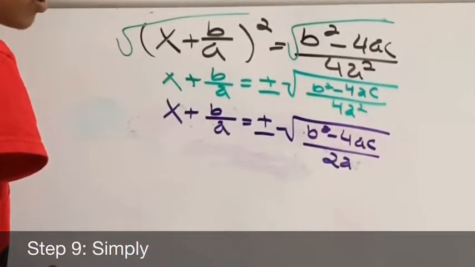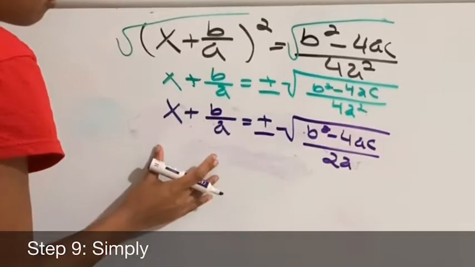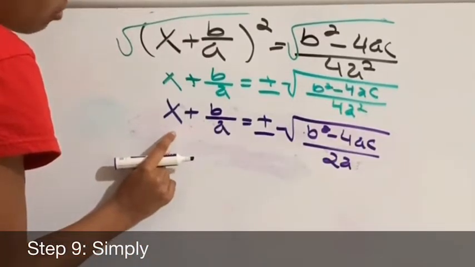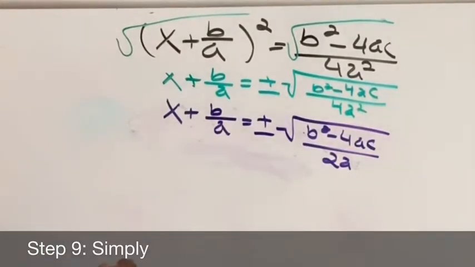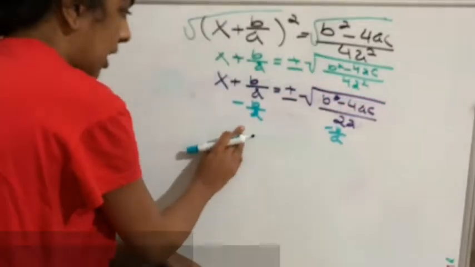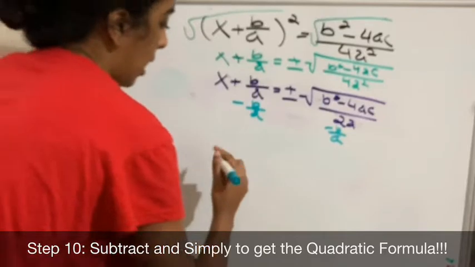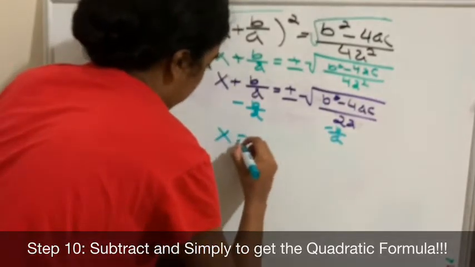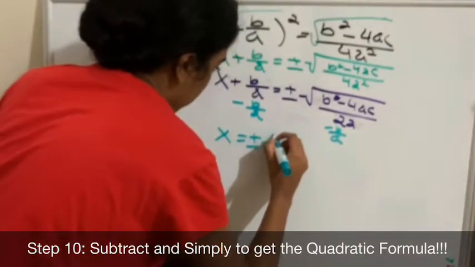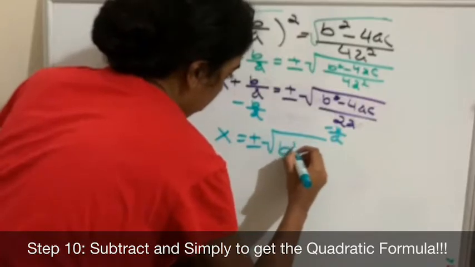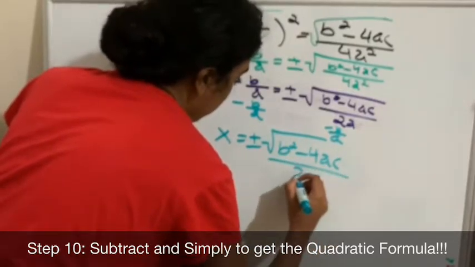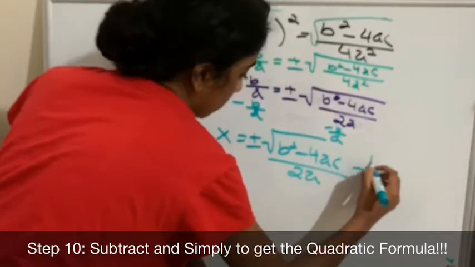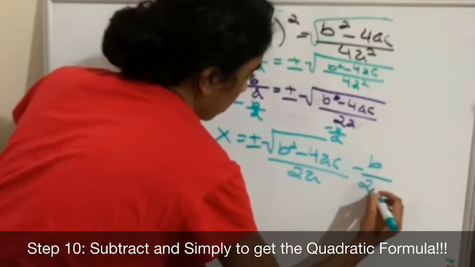So the next step is to subtract, because look, x is almost by itself. So in order to make x by itself, we need to subtract. So we subtract b over a, and we get x equals plus or minus the square root of b squared minus 4ac over 2a minus b over 2a.